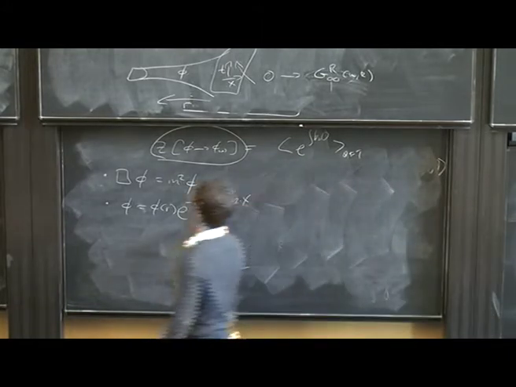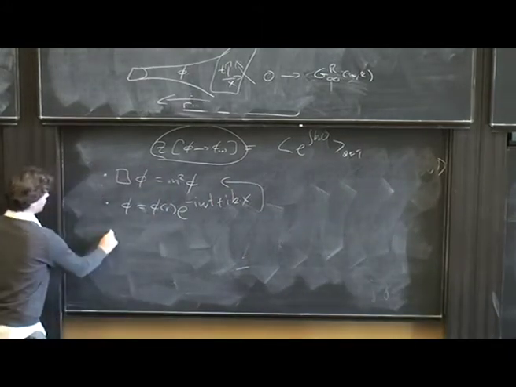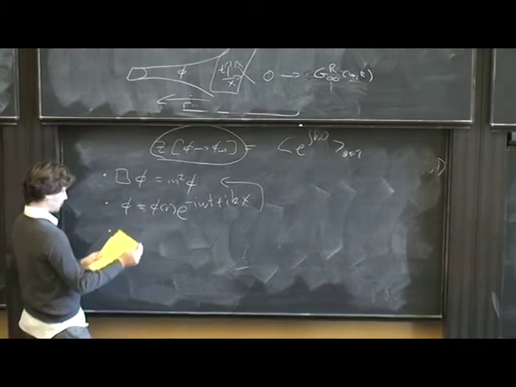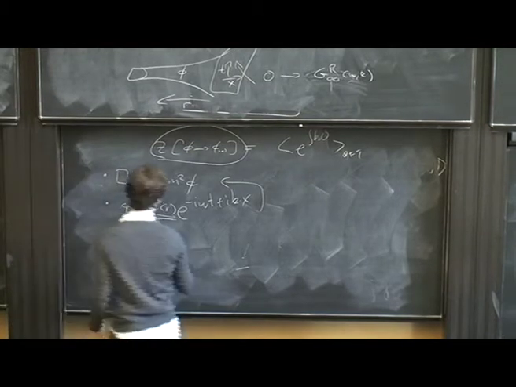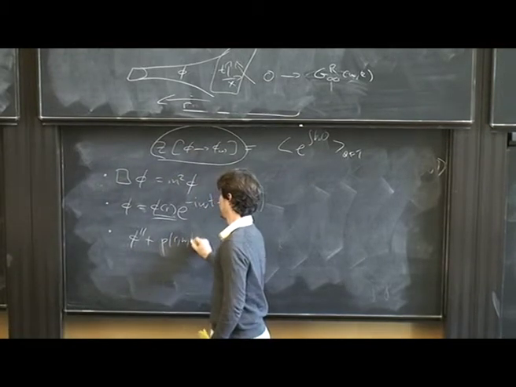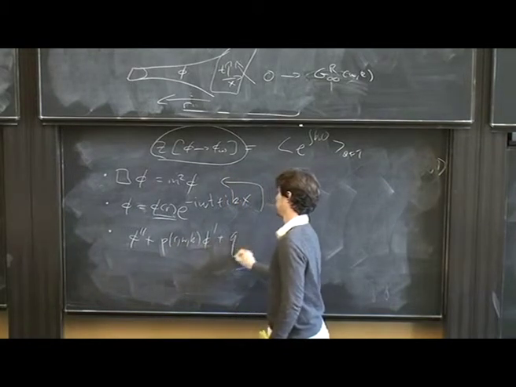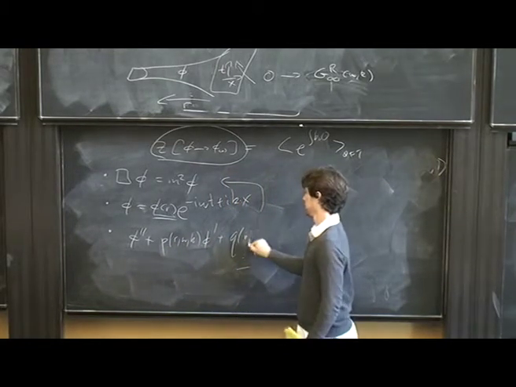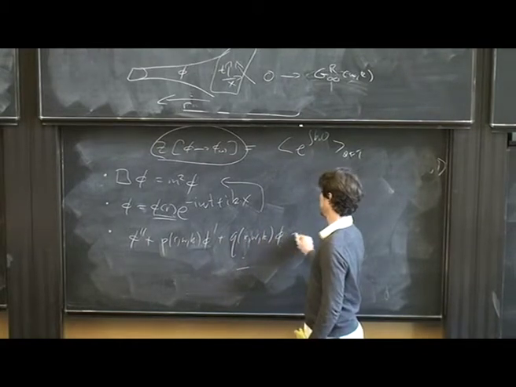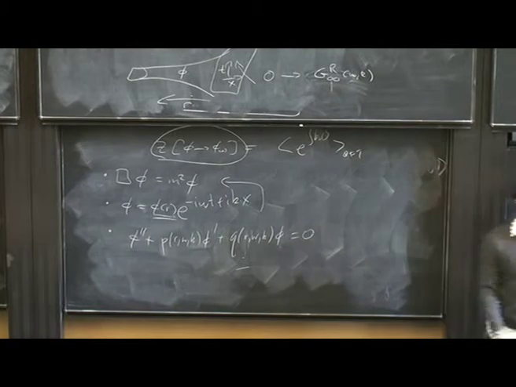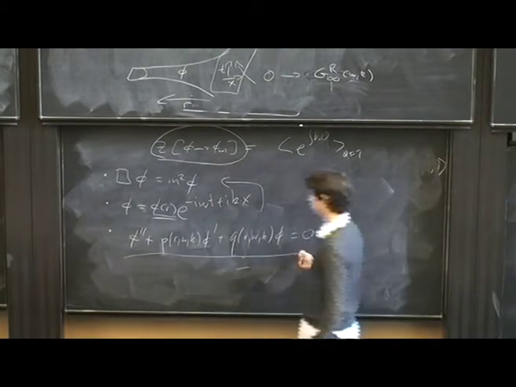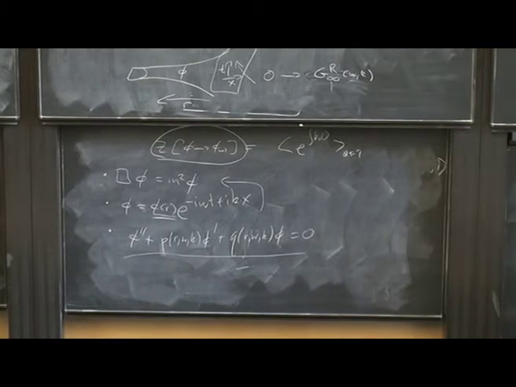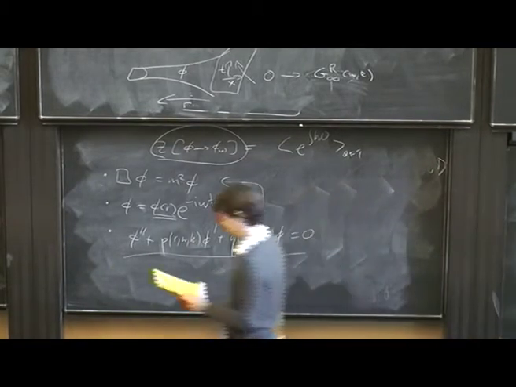Plugging that in, you get a second order differential equation: phi'' plus some function of r, omega and k times phi' plus another function of r, omega and k times phi equals 0. Schematically, it is of this form. A lot of effort in applied holography goes into solving these silly linear second order equations.